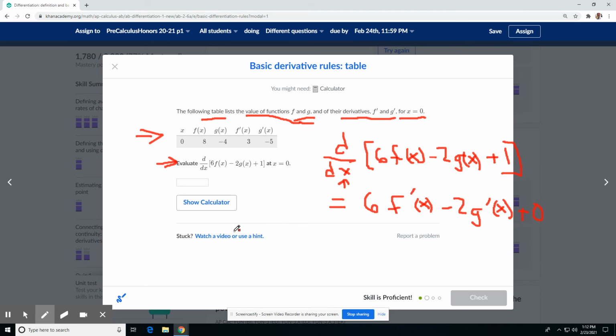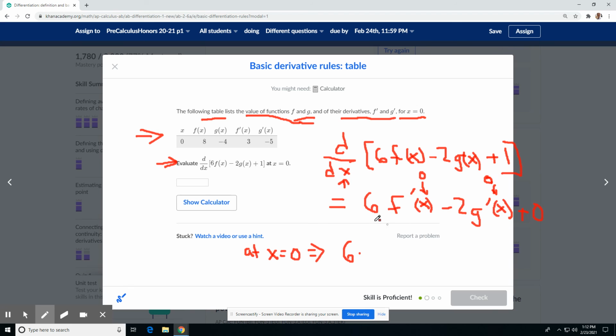Okay. At this stage, we can go ahead and plug in our x. So at x equals 0, this is going to be 6 times our f prime. We're plugging in 0 here, and we're plugging in 0 here.